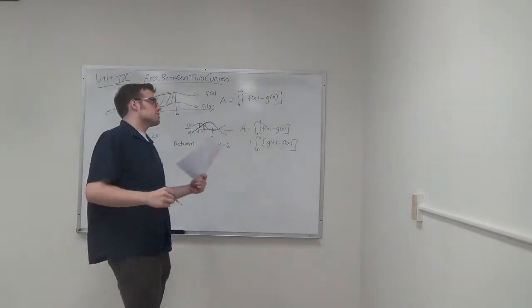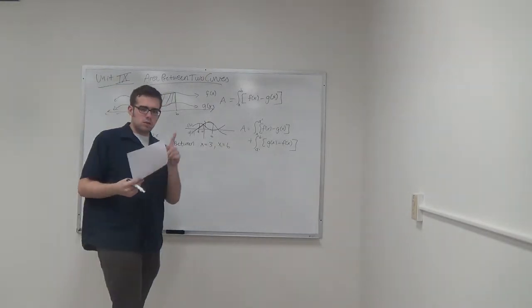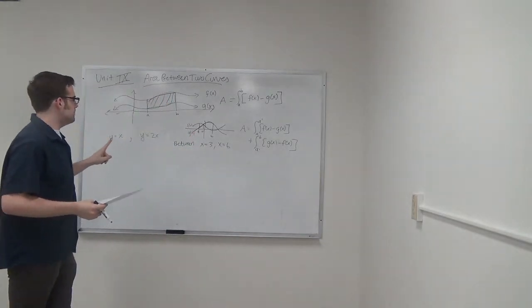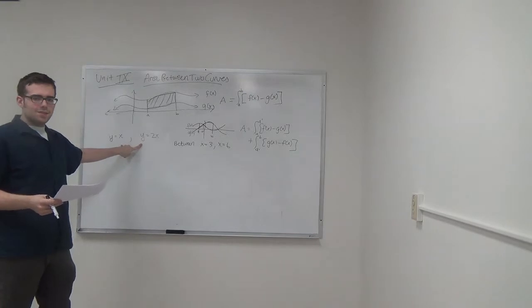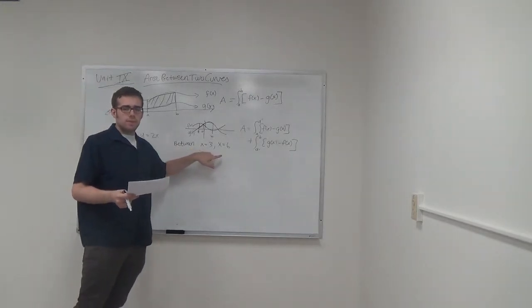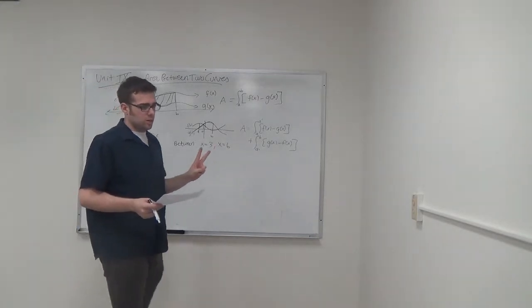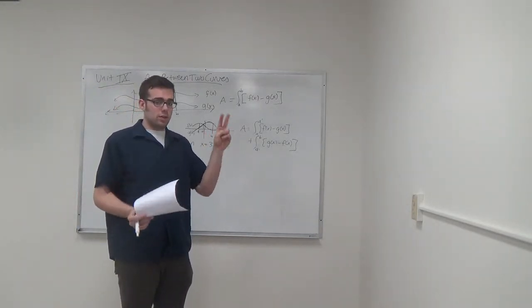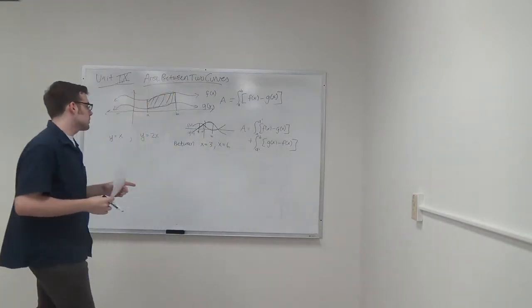So the first step is to find out which one is on top during this interval, and also whether or not one of the functions will overtake the other function within that interval.